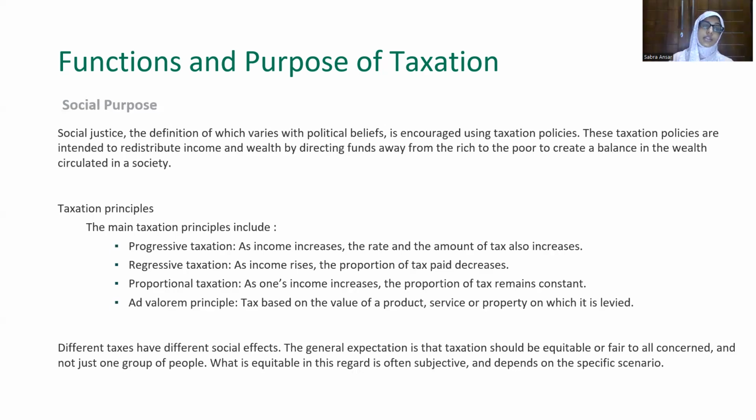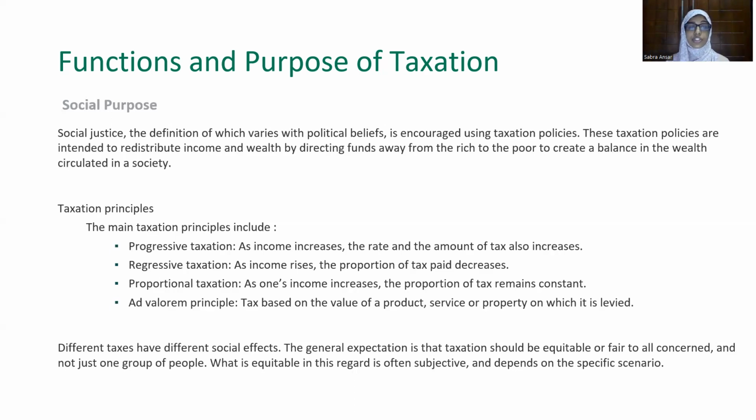And there is another thing called proportional taxation. When one's income increases, the proportion of tax remains constant. Then the last one would be the ad valorem principle, where the tax is based on the value of the product, service, or property on which it is levied. So it depends on the product or service, and accordingly the taxation will be levied.